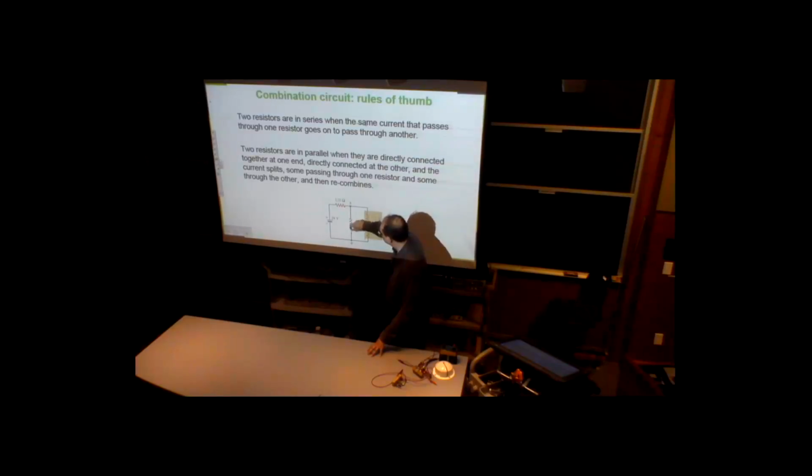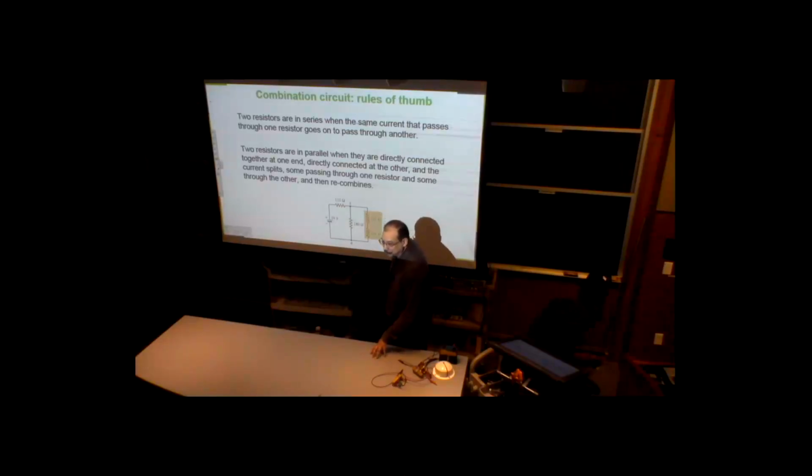No, there is a junction. Is it in parallel? No. What about this? Is this in parallel to this? No. In parallel, they would have both ends connected to each other. So all we see is here 2 resistors in series.